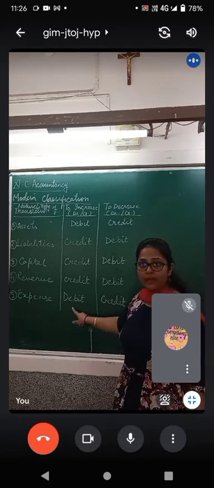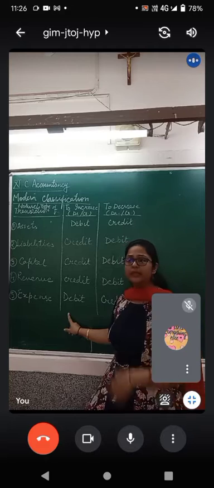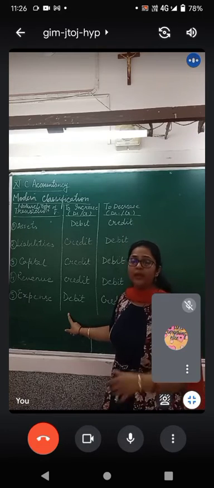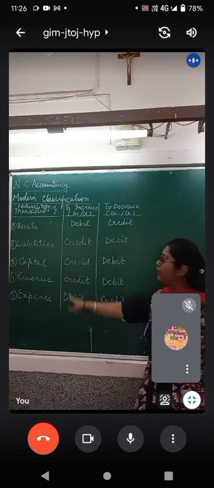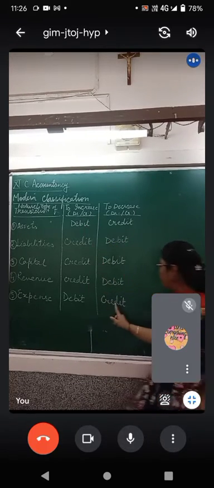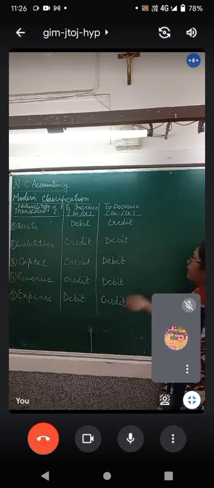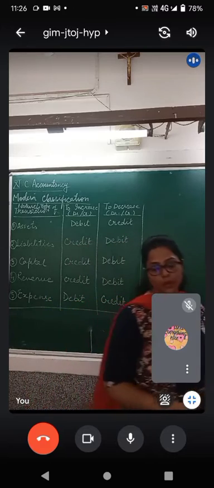Expenses, when they are to be increased, we will debit expenses. Salary paid, wages paid, commission paid, interest paid, etc. We will debit expenses to increase them, and credit them to decrease them. So I hope this is clear to each one of you. Just make this and then we will do it with the help of a question.